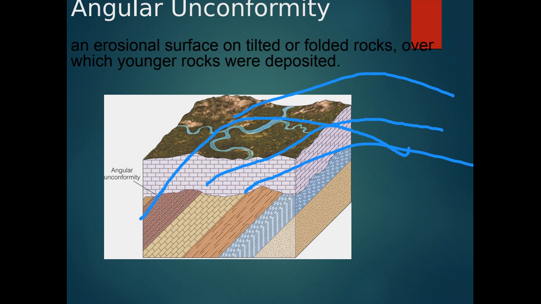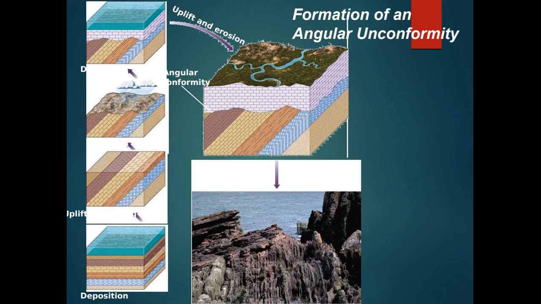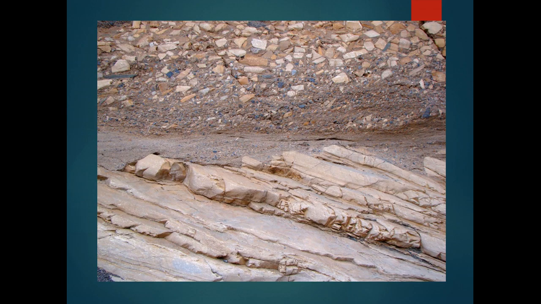As you erode all these parts of the rock away, you're left with an angular surface where that rock meets the ground, and then later on it gets submerged and you have more deposition on that angular surface and you have continuous deposition, so you have an angular unconformity. It's very obvious to see. You can see it in this picture. I showed you a few pictures of angular unconformities. It's another one.